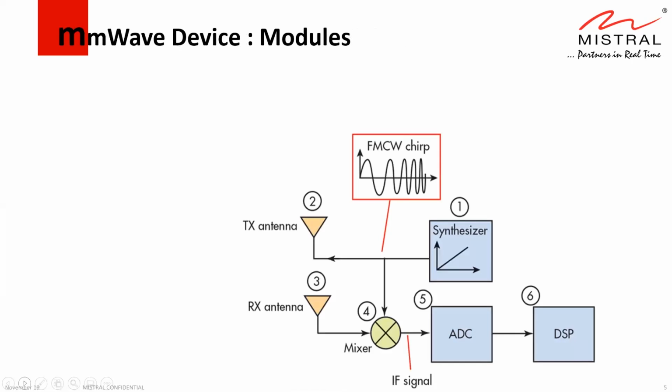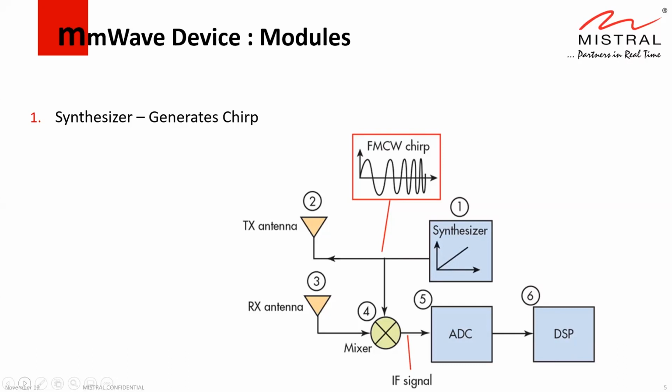So let us get into the modules. What are the different modules in a radar chipset? Synthesizer: its job is to generate the frequency modulated continuous waves, called chirps. The chirp is nothing but a sine wave whose frequency varies linearly with respect to time.